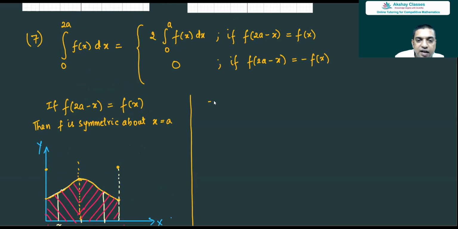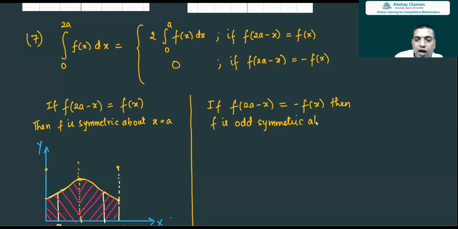Now, on the other hand, if f of 2a minus x is equal to minus f of x, then f is symmetric, or I should say odd symmetric, about a comma 0.